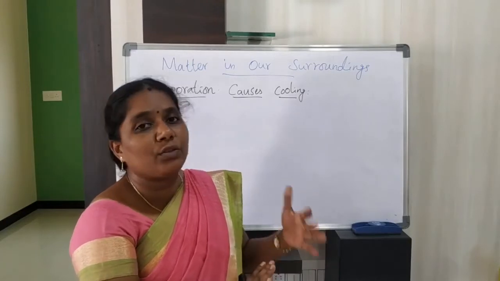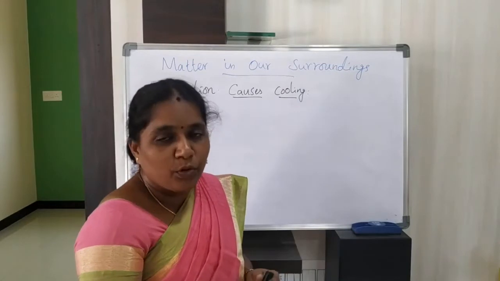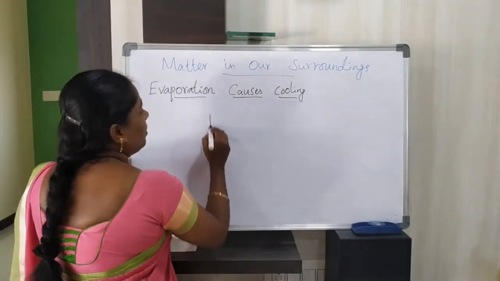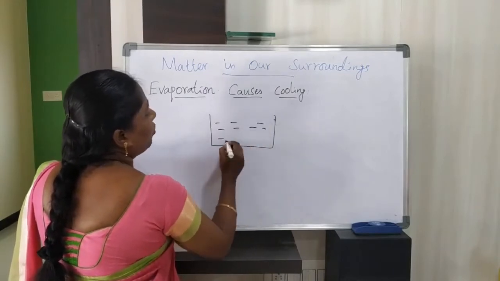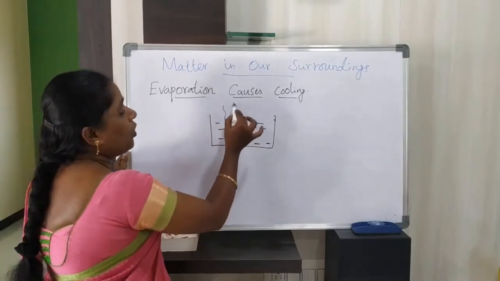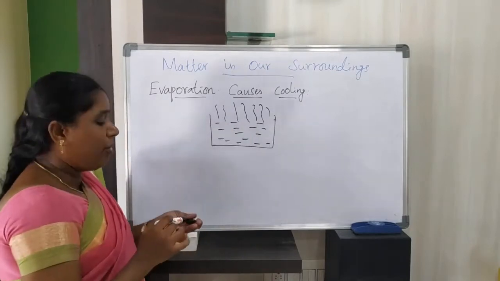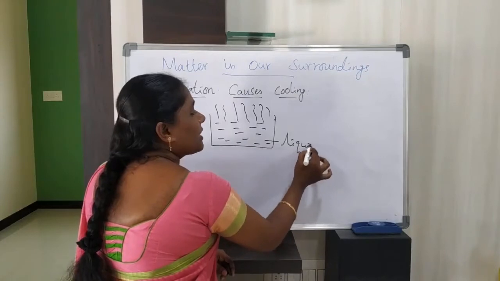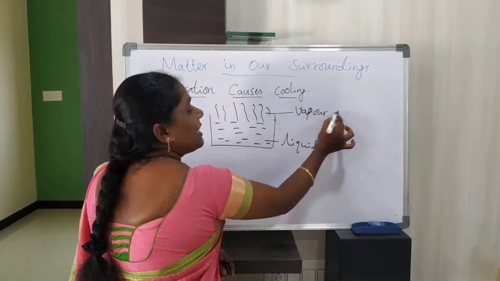How does evaporation cause cooling? First, how does evaporation take place generally? Suppose you take water in a beaker or in a pan. If you heat this water, it will get evaporated. The liquid state is converted into vapor, that is, the gaseous state.